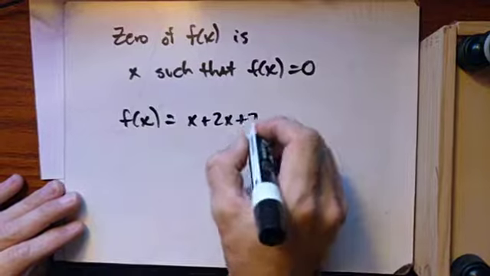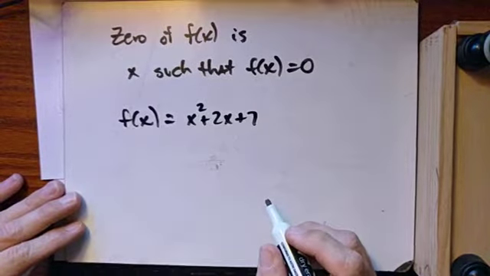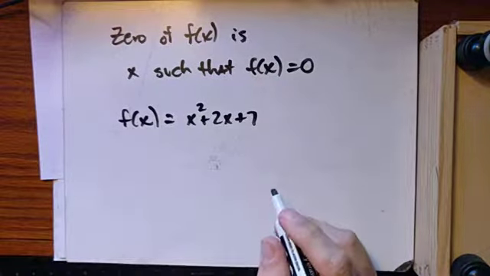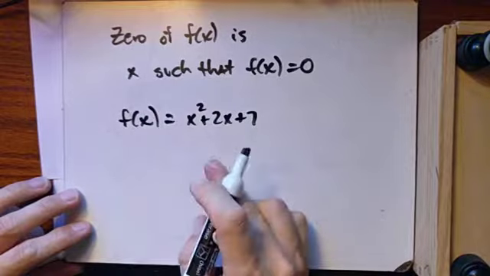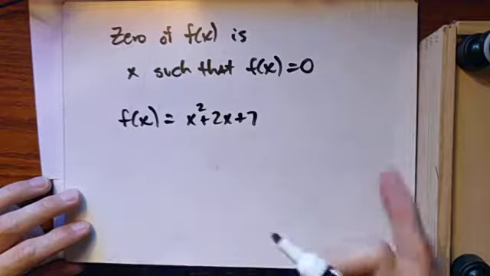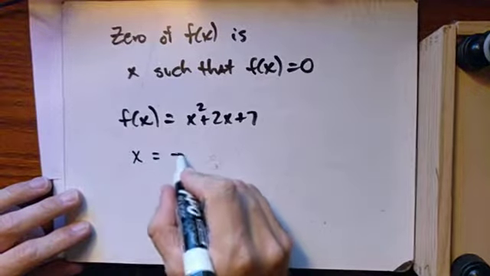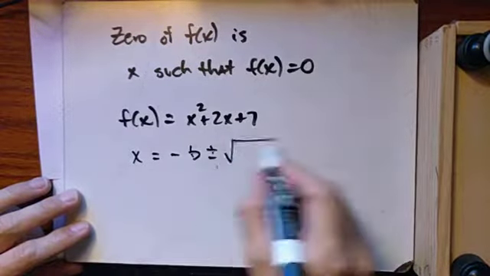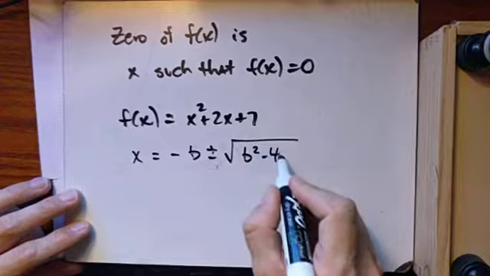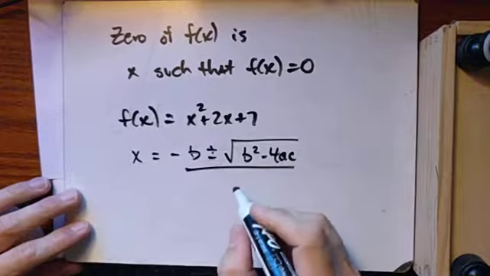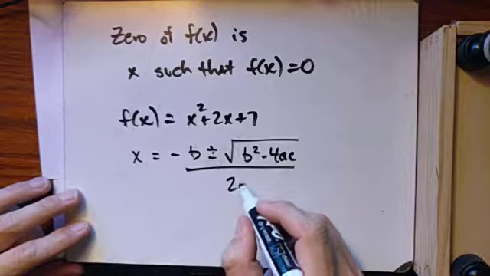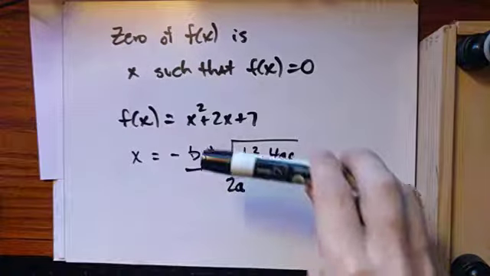But what happens if it's like the one that we had, something like this? What's the 0 of that? Well, the way to do that is use a graphing calculator and find out where it crosses the x-axis, or you can use the quadratic formula. Now, I'm going to mention a couple of things from earlier.